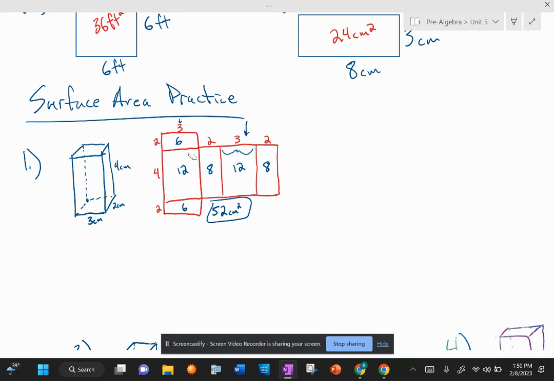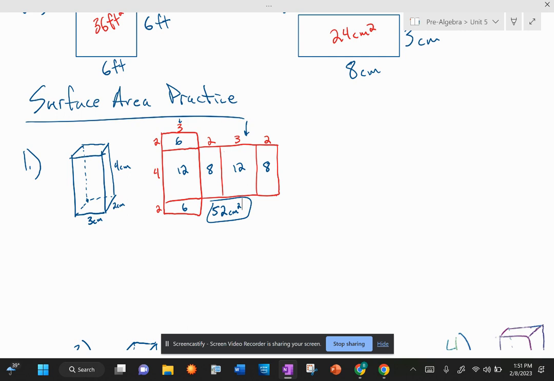Okay? Now, I want to break this down one more way that you can solve these. Because I understand that the way that this is laid out is hard to visualize and have a good idea of what's going on at first, and you'll get used to it. You do need to see these because this is how it'll be on the test.